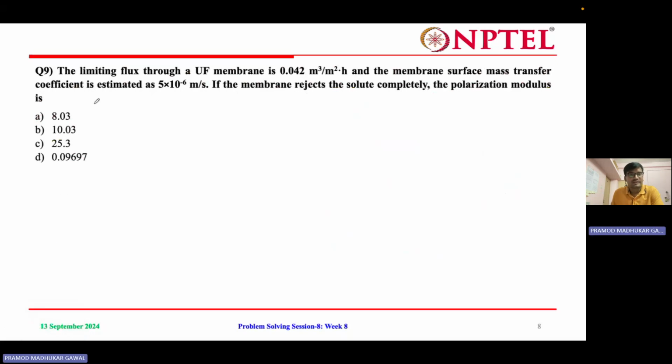Moving to question number 9. The limiting flux through an ultrafiltration membrane is 0.042 meter cube per meter square per hour, and the membrane surface mass transfer coefficient is estimated as 5 into 10 to the power minus 6 meter per second. If the membrane rejects the solute completely, find the polarization modulus.